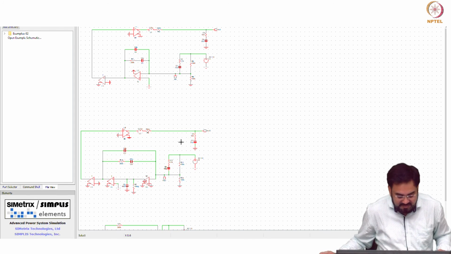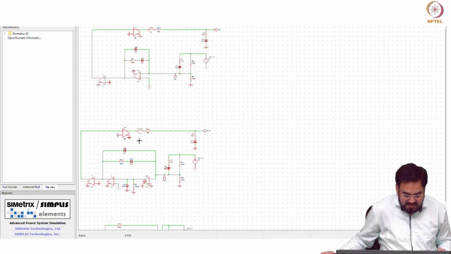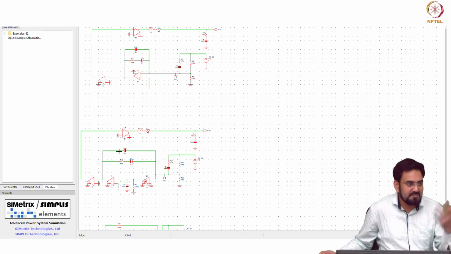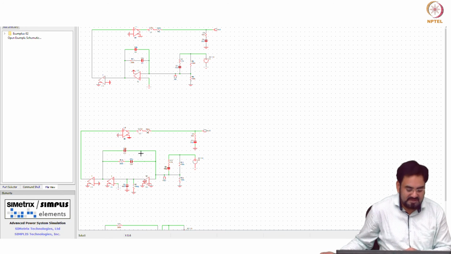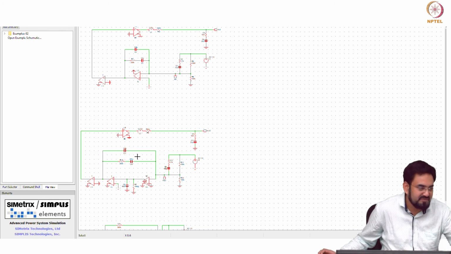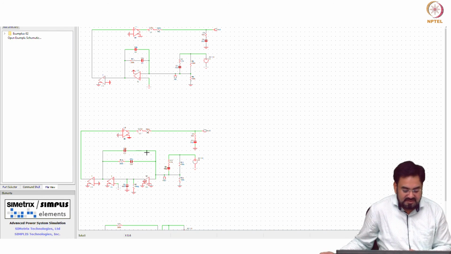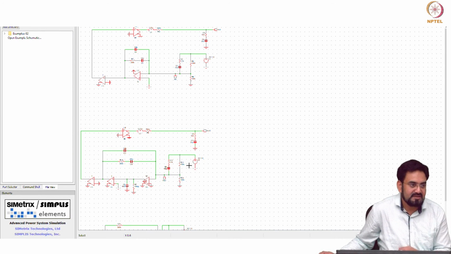So you might think that, okay, let's try to move this pole to a much higher frequency, or just get rid of this to get a better phase margin, because they will cause some drop in the phase margin, maybe 5 degree to 10 degree. So if you try to get rid of this just to increase the phase margin, you have to be a bit careful that you may have that resonance and it may cause some kind of instability in your loop.